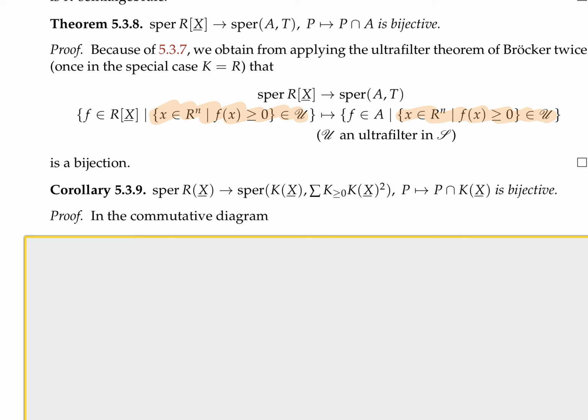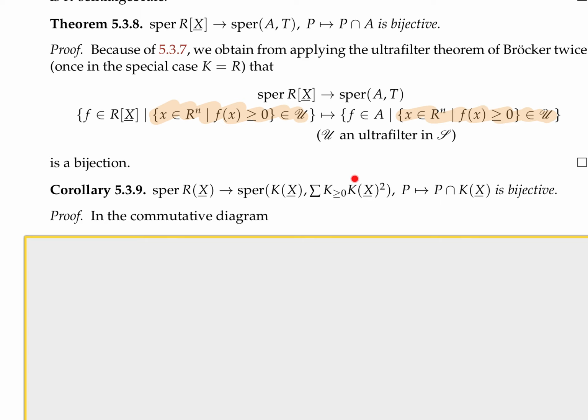So instead of a polynomial ring, I take a field of rational functions in n variables over R. And here the same. Instead, this was a polynomial ring over K in n variables. Here I take the field of rational functions in n variables over K. And that was a pre-order generated by the non-negative elements of the ordered field K inside the polynomial ring.